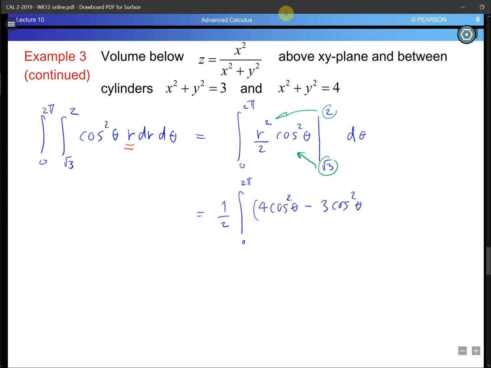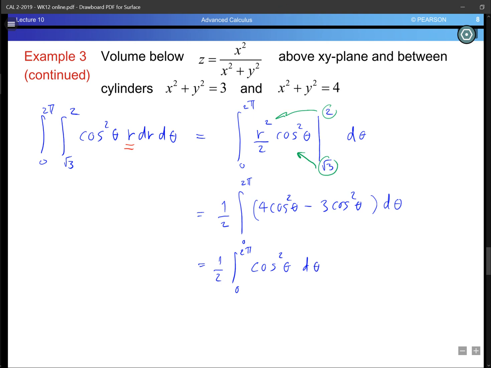Alright, and I'm supposed to integrate this with respect to theta. So what do we have here? We have 1 over 2 integrate 0 to 2 pi of 4 cosine square minus 3 cosine square, so we have cosine theta square right here, d theta.